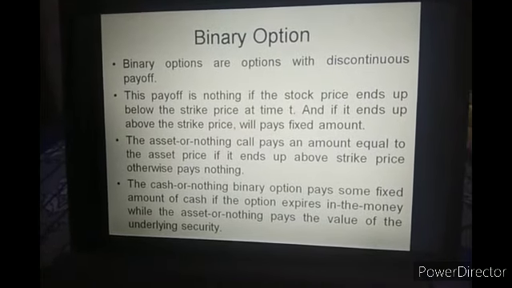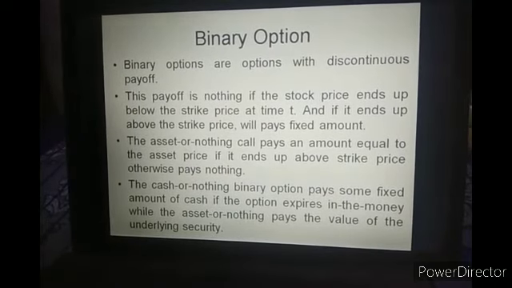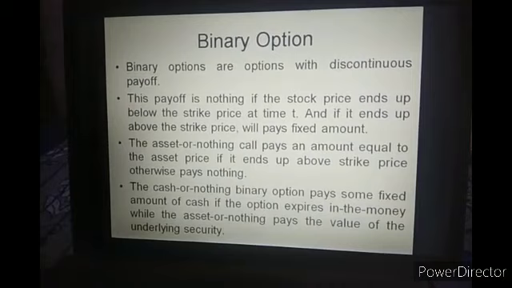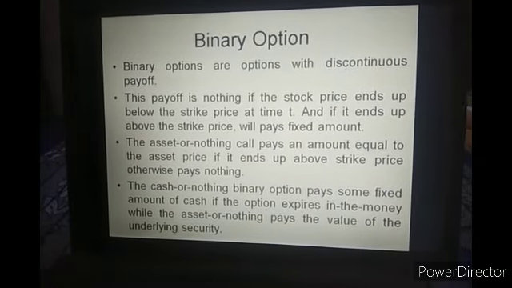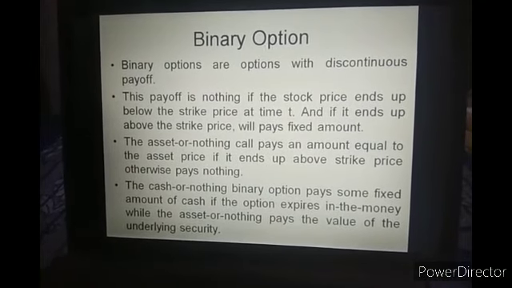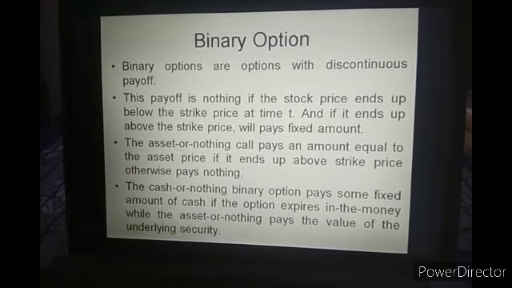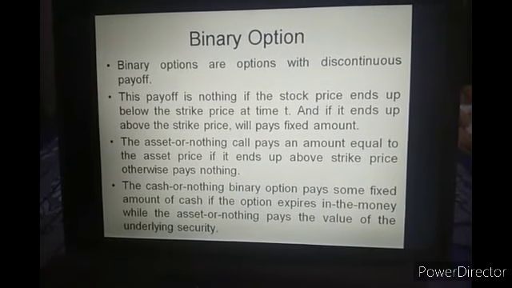So asset or nothing means suppose you have a call of Reliance of 1200 and the price goes above 1200, then you will get the whole contract value amount in your account. Okay, equal to the asset value. While in cash or nothing, whatever may be the case, the option expires in the money.